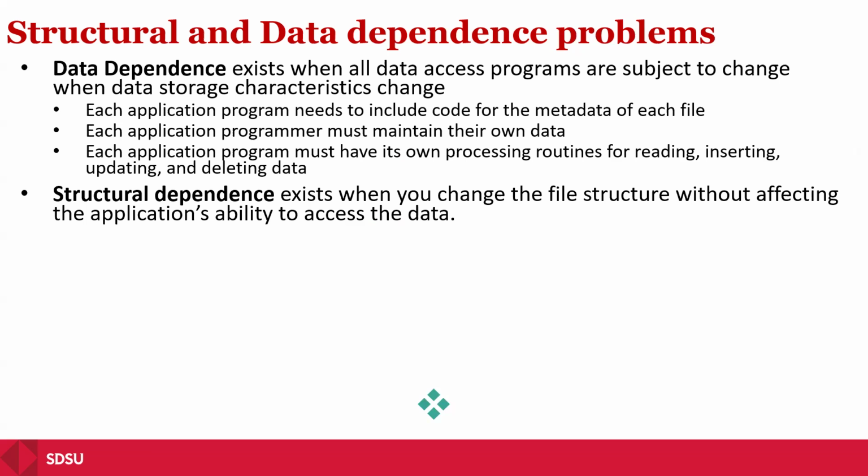Structural dependence is when you change the structure of the file, all the routines must change too. Very similar to data dependence, but in data dependence you change the data in the file, while in structural dependence you change the structure of the file. For example, say you have a file with 5 columns. If you switch the first column with the second column, all the programs that access the file need to be changed too, because the first position of the data is going to have a completely different meaning after the structure of the file changes.